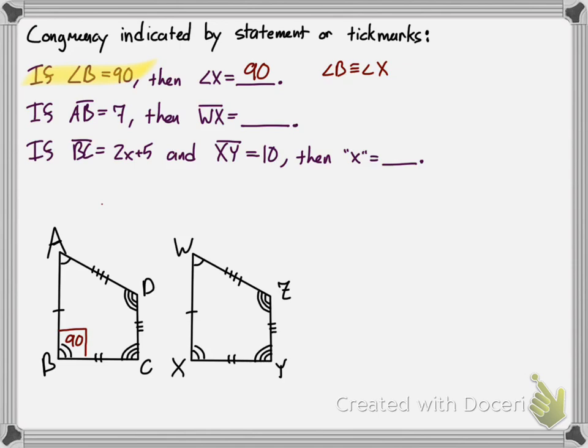For our second question, if AB is equal to 7, so we have 7 here as a side length. And from our previous slide, we know that AB is congruent to WX. So we know that our answer here, WX, is also going to be 7.